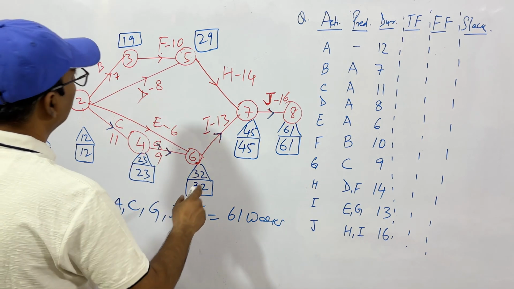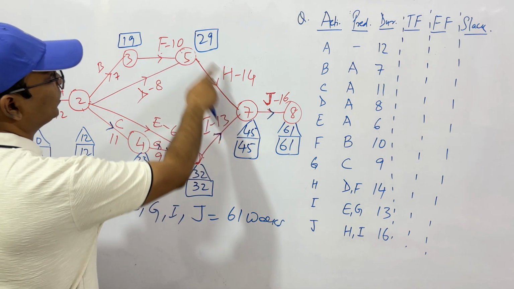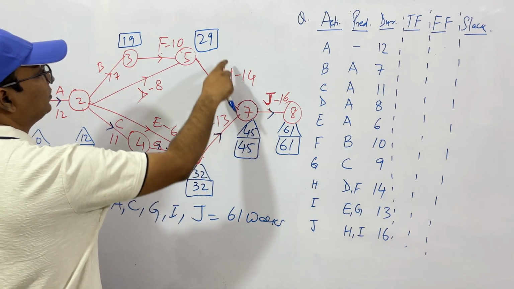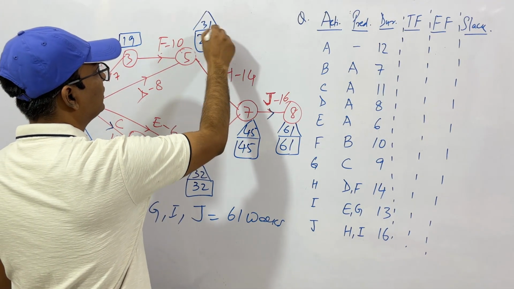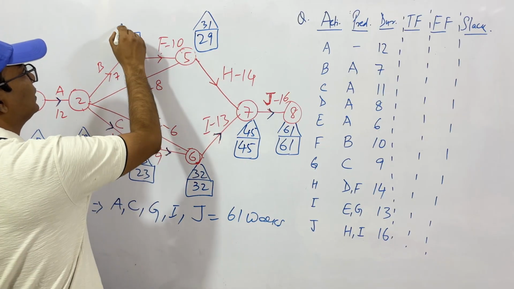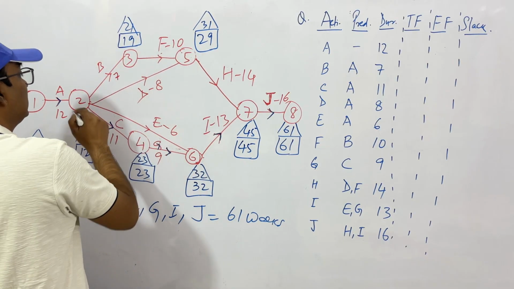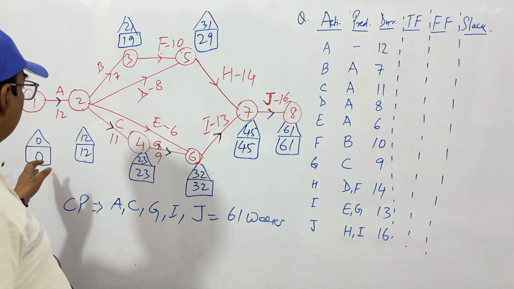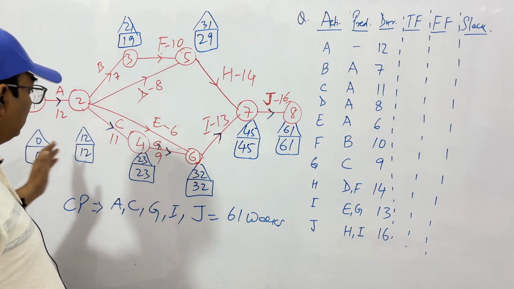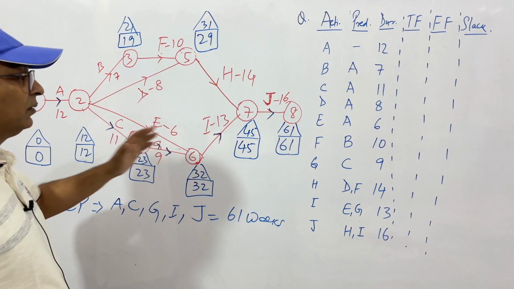Then let's find for this one. So this is 45 minus 14. 45 minus 14 is 31. 31 minus 10 is 21. But this is 12, that we know. So we have calculated the values at each event by forward pass and backward pass.